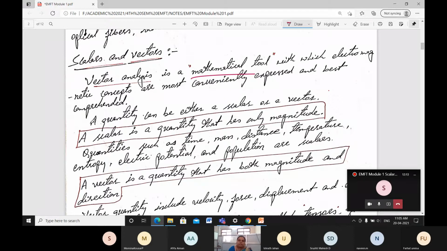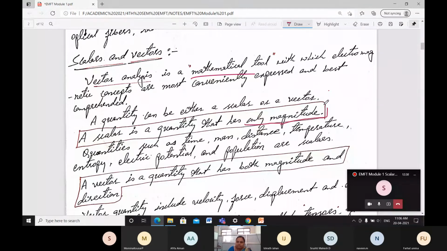That is the meaning. The quantity may be a scalar or a vector. How do we differentiate whether it is scalar or vector? Here is the definition: a scalar is a quantity that has only magnitude.